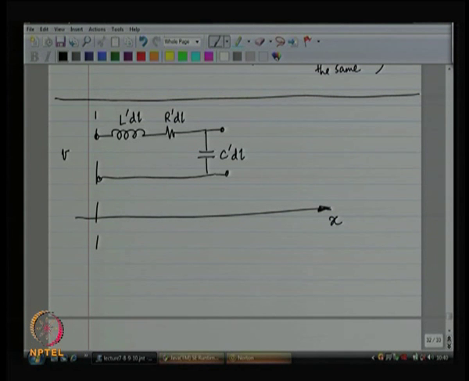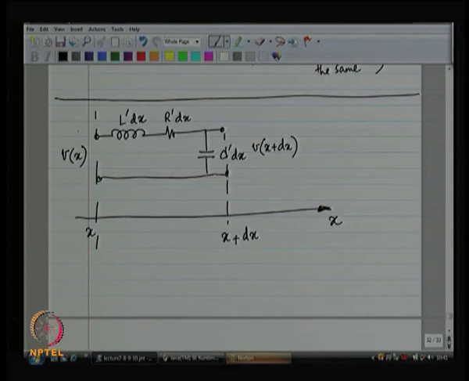At a distance x, the voltage that is on that piece of wire is V, and at a distance x plus dx, let us call this dx for convenience instead of dl, I have got a voltage V of x plus dx.